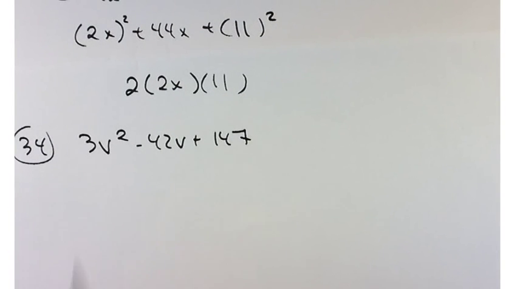So, think about your factoring strategy, that worksheet that I gave you. These are different steps to think about. Does anything strike you in terms of something we can do with respect to problem 34?